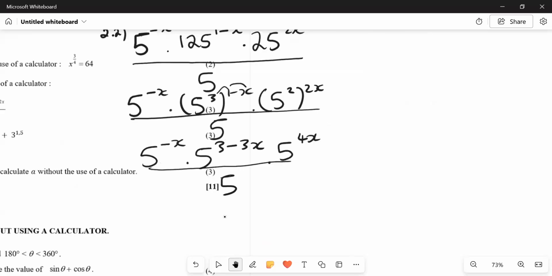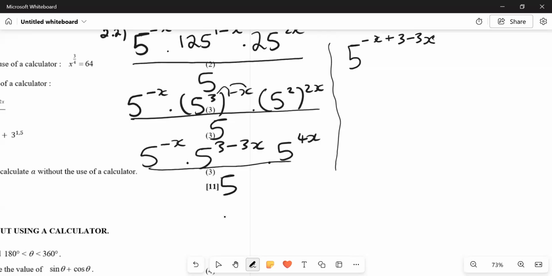And then this will give us 5, now let's apply the laws of exponents. Law number 1: when you multiply the same bases, you add exponents. So I'm adding all the exponents now. Here I'm dividing by this 5 to the power of 1, which means I must subtract there.